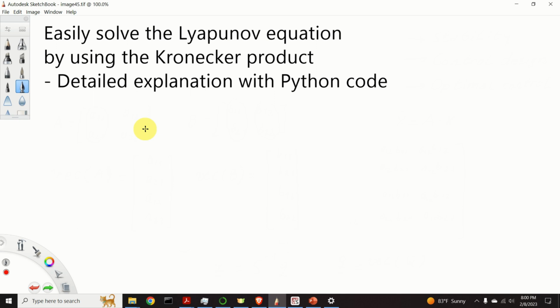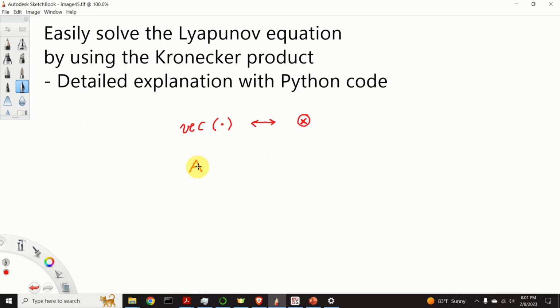Next, let's explain a very important connection between the vectorization operator and the Kronecker product. That is, we want to relate the vectorization operator with the Kronecker product. For that purpose, let's consider the following equation.